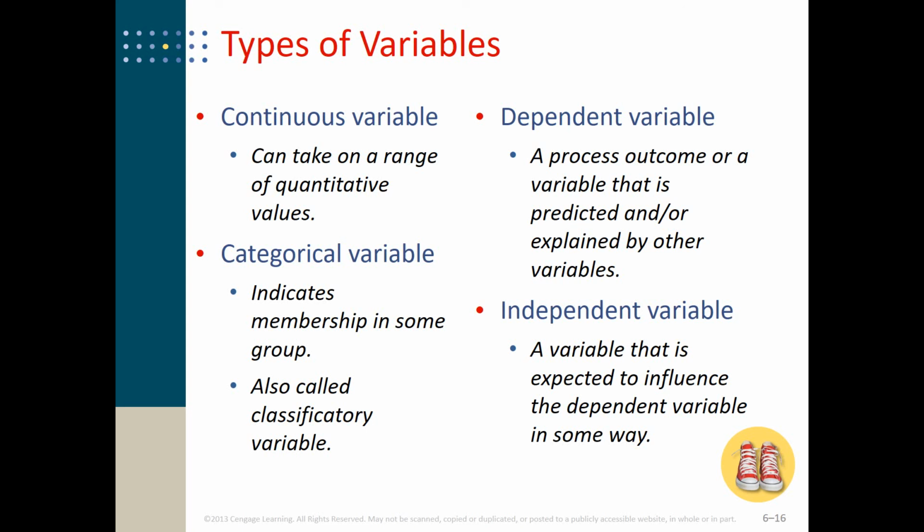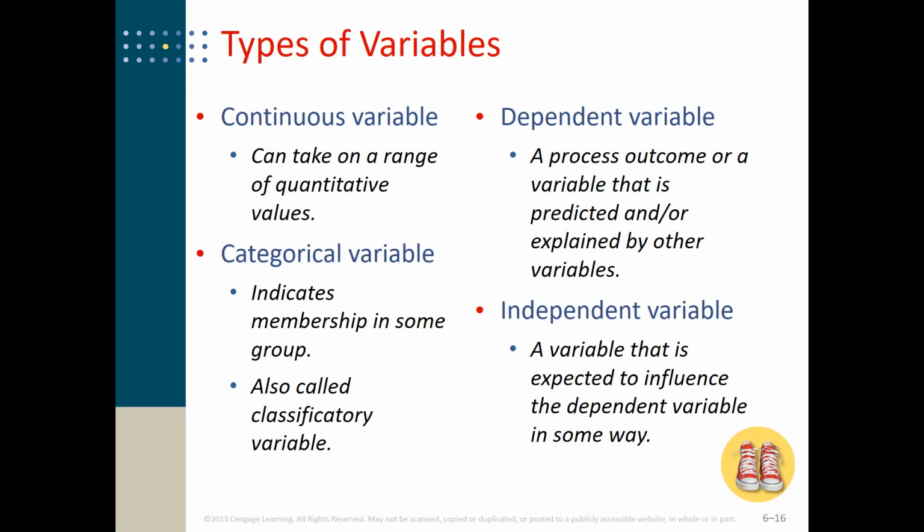Then dependent variable and independent variable. A dependent variable is one that is dependent on some independent variables, whereas an independent variable is one that influences the dependent variable. Let's take some examples. Let's say that employee satisfaction depends on the level of salaries.